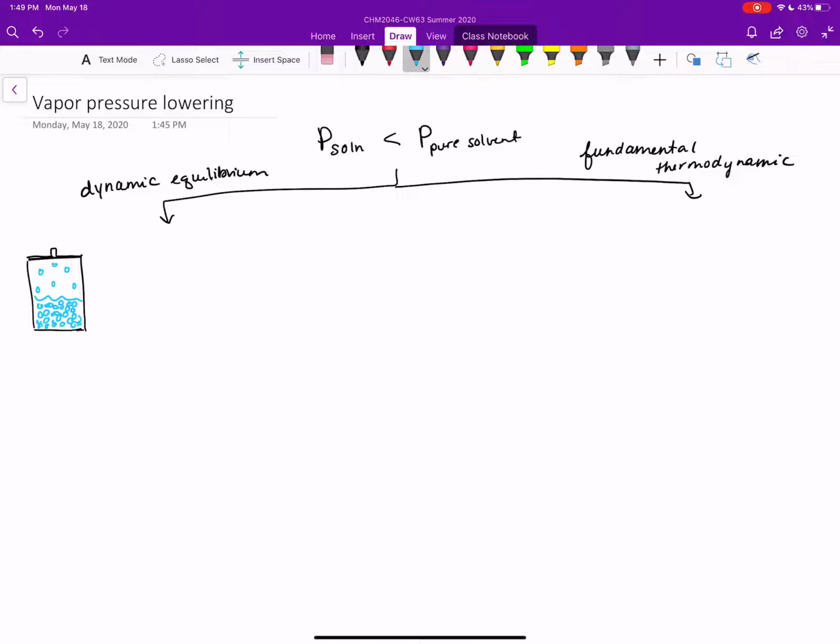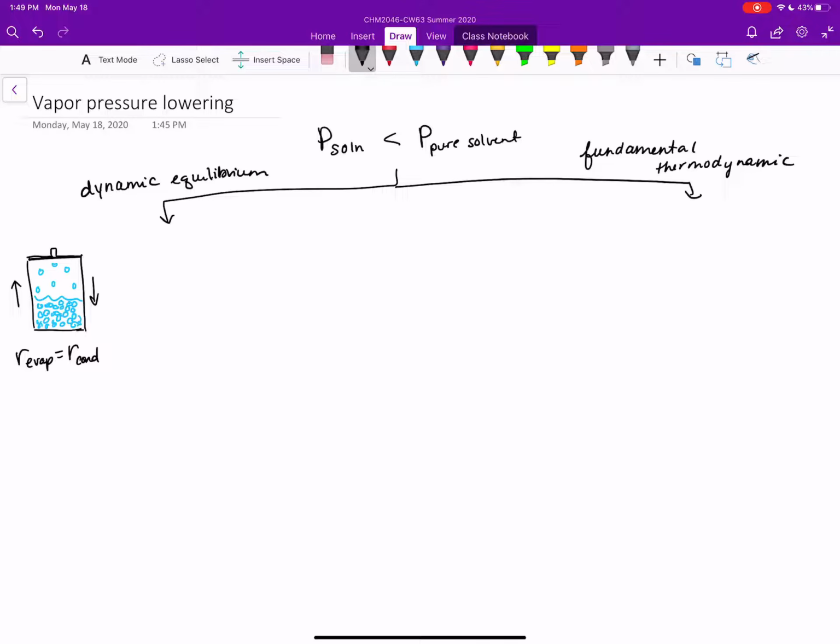So these molecules had enough energy to move from the liquid to the gas phase. And for this particular substance, this is the vapor pressure at equilibrium, and equilibrium means that the rate of evaporation is equal to the rate of condensation. Okay, so rate of evaporation is equal to the rate of condensation.